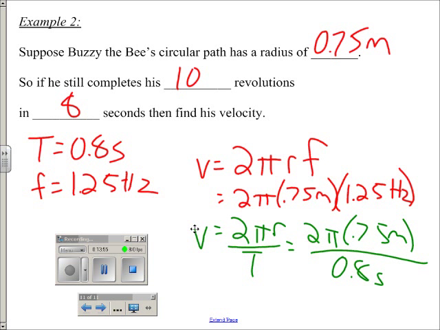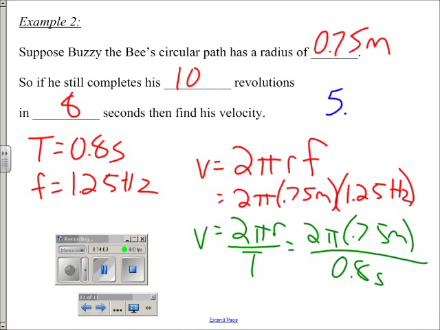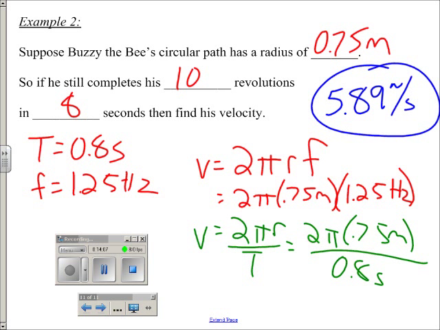And regardless of which one you do, you get the same answer, which is 5.89 meters per second. So that means while the bee was spinning around, he was traveling approximately 5.89 meters around the circle every second. Okay?